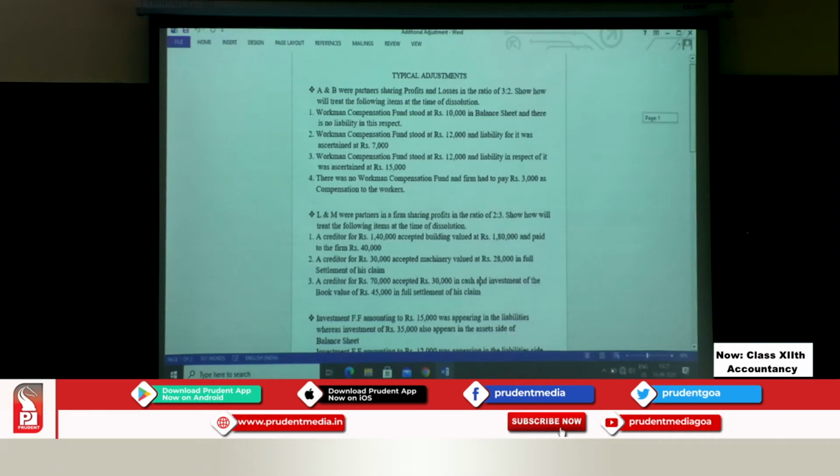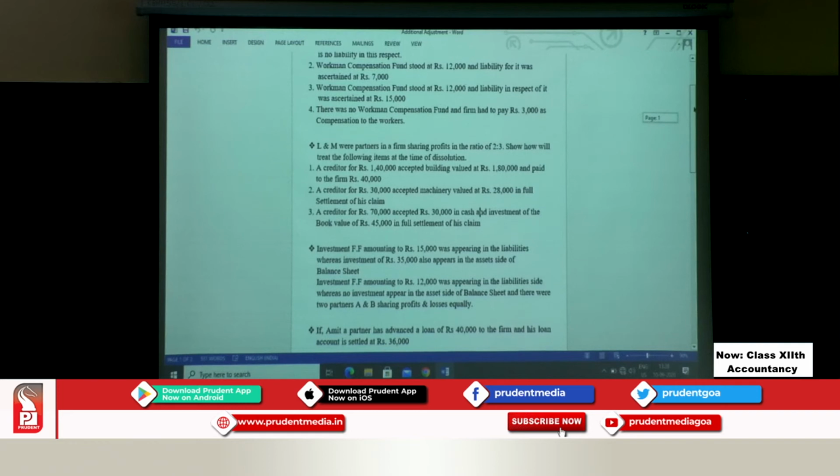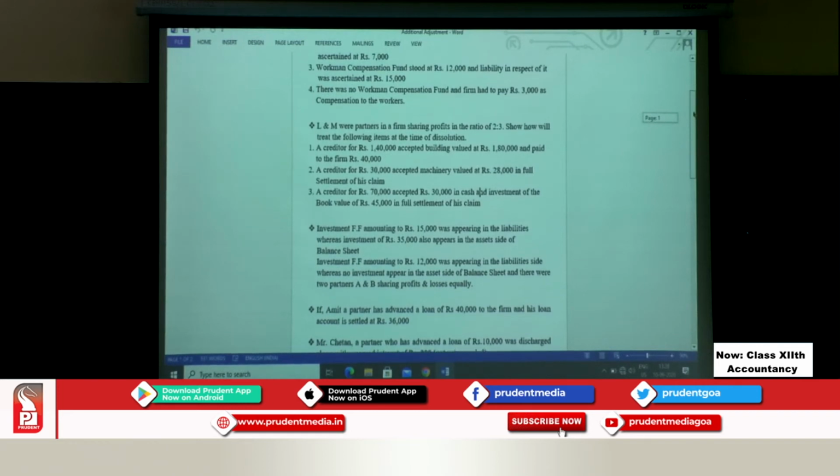Now, let us move to the next one, that is investment fluctuation fund amounting to rupees 15,000 was appearing in the liabilities, whereas investment of rupees 35,000 also appears in the balance sheet on asset side.